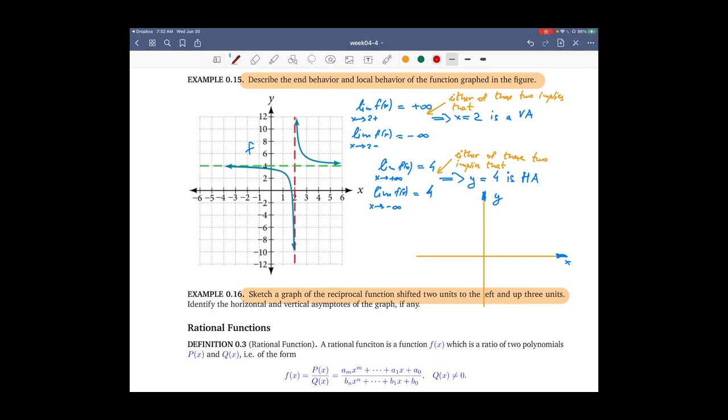So when we shift the graph 2 units to the left and 3 units upward, we will shift the vertical asymptote 2 units to the left, and the horizontal asymptote will be shifted 3 units upward.